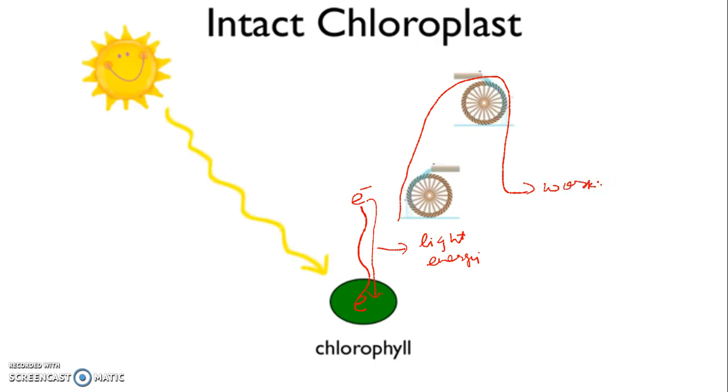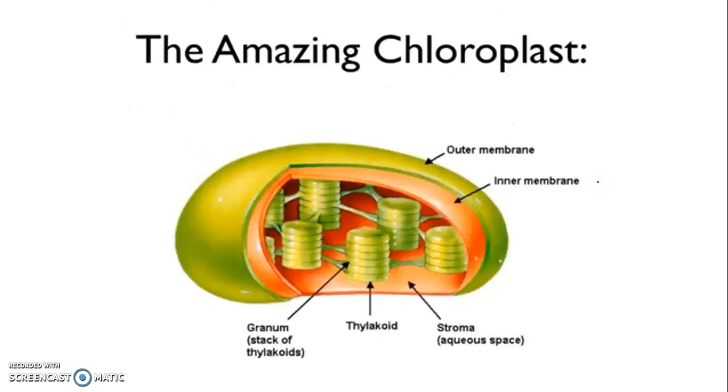Let's look at the details of how chloroplasts use the energy of electrons to do various kinds of activity, such as converting NADP to NADPH and producing ATP. But before that, you need to know the structure of the chloroplast. The chloroplast has two membranes, the outer membrane and the inner membrane.